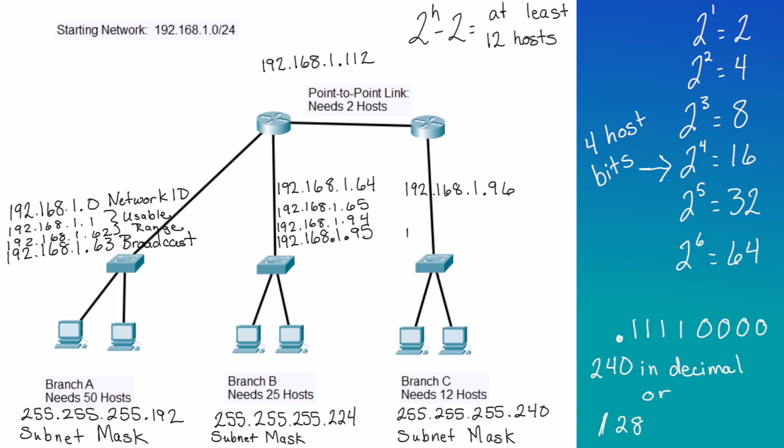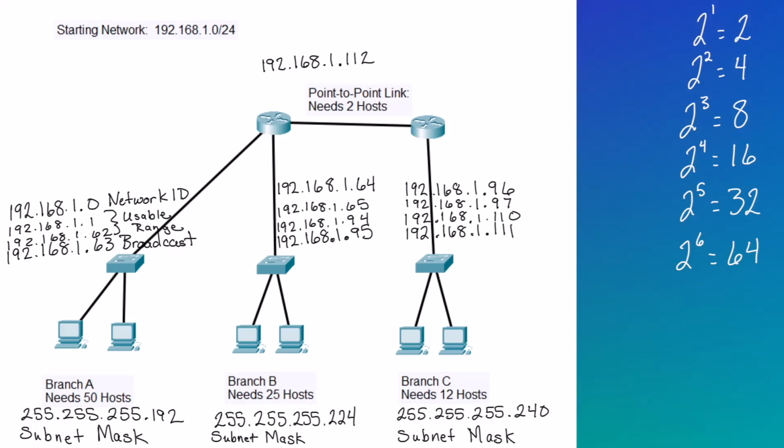From 112, we can subtract 1 to get our broadcast address for branch C. That gives us a broadcast address of 192.168.1.111. Now we just add 1 to our network ID and subtract 1 from our broadcast IPv4 address, and we have our usable host range for branch C. This network is done. All right, we're almost done.